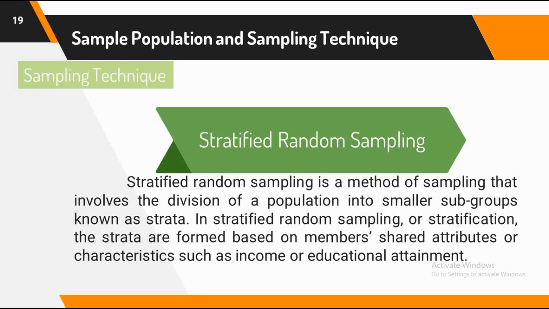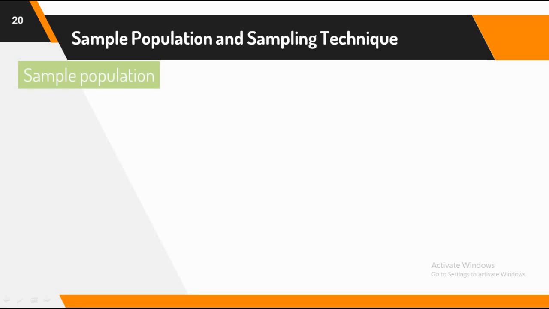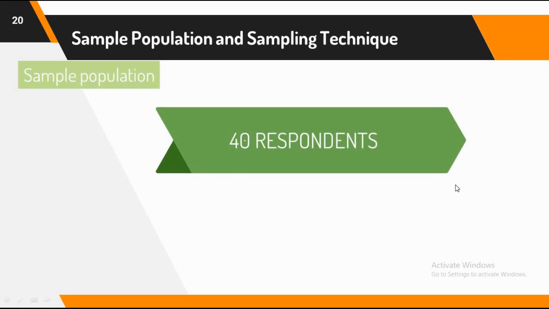Stratified random sampling is a method of sampling that involves the division of a population into smaller subgroups known as strata. In stratified random sampling or stratification, the strata are formed based on members' shared attributes or characteristics such as income or educational attainment.